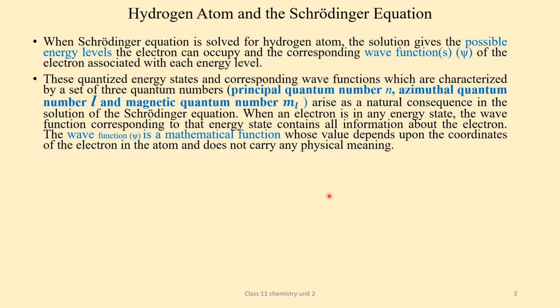When an electron is in an energy state, the wave function corresponding to that energy contains all information about the electron. The wave function psi is a mathematical function whose values depend on the coordinates of the electron in the atom and does not carry any physical meaning.